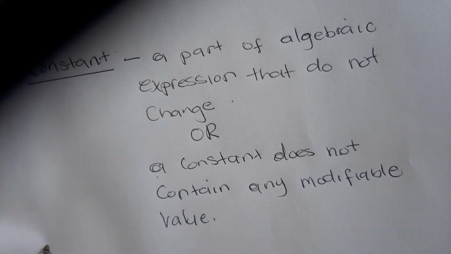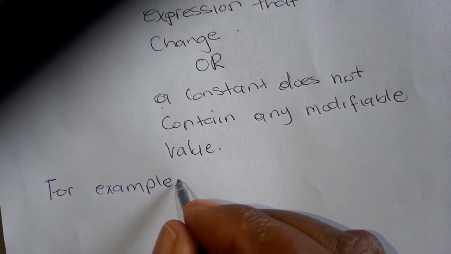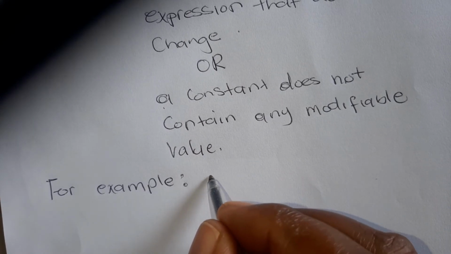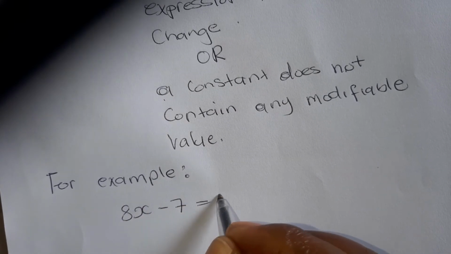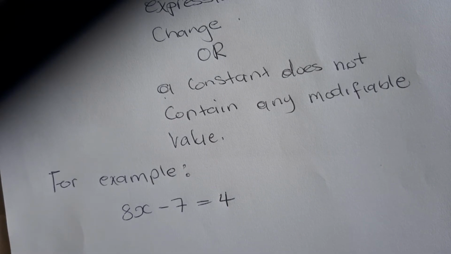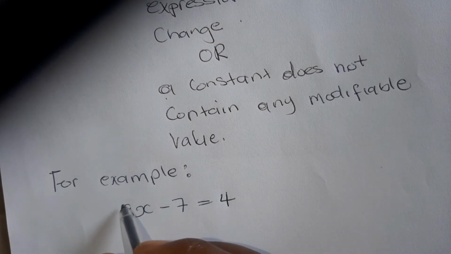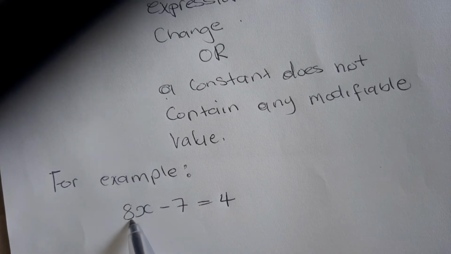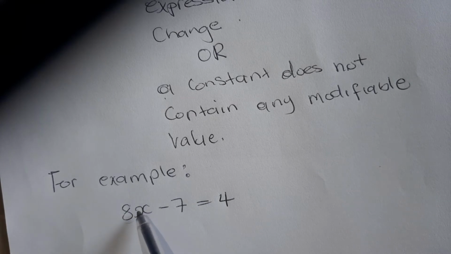So for example, from this question, 8x minus 7 equals 4. Okay guys, in this question, let's point out a constant. In this case, this 8 cannot be a constant because it contains an alphabet or symbol that will later on change the quantity of the expression.